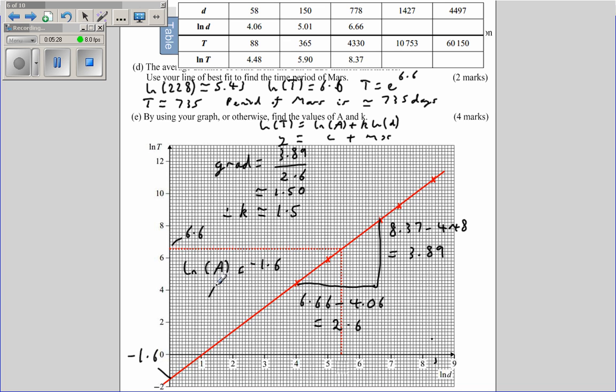So A is going to equal e to the minus 1.6, which is approximately 0.202. So we've got A equaling 0.202 and k equaling 1.5, and that's all that's required for this part of the question.